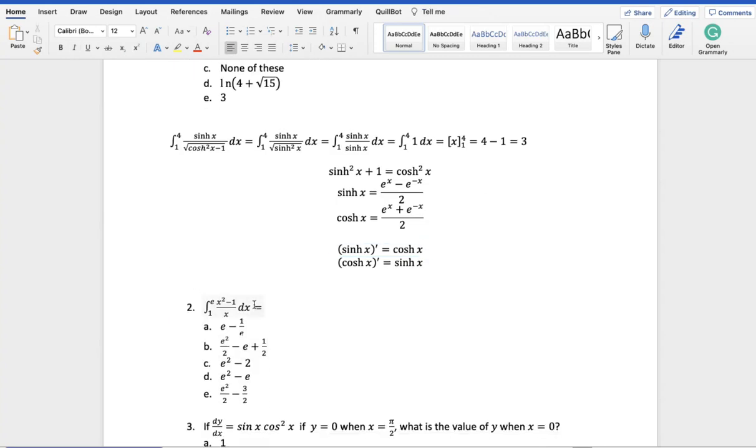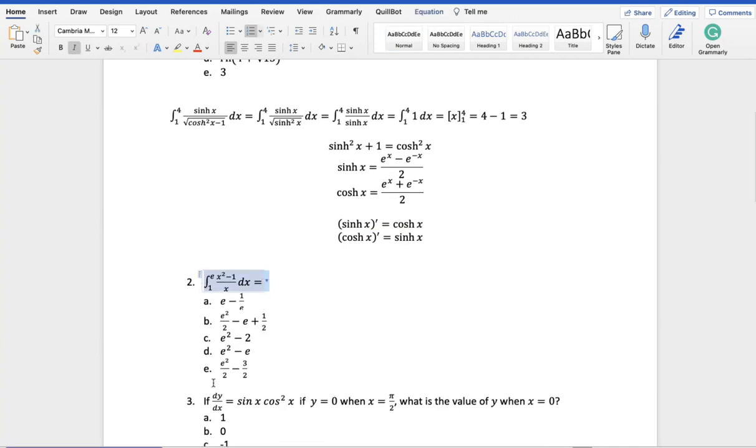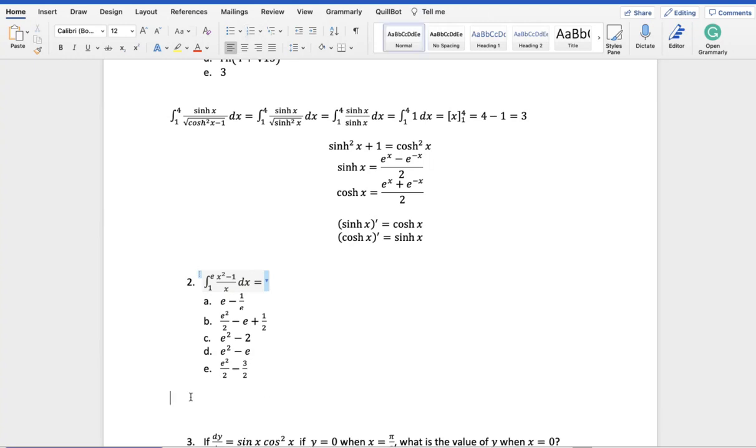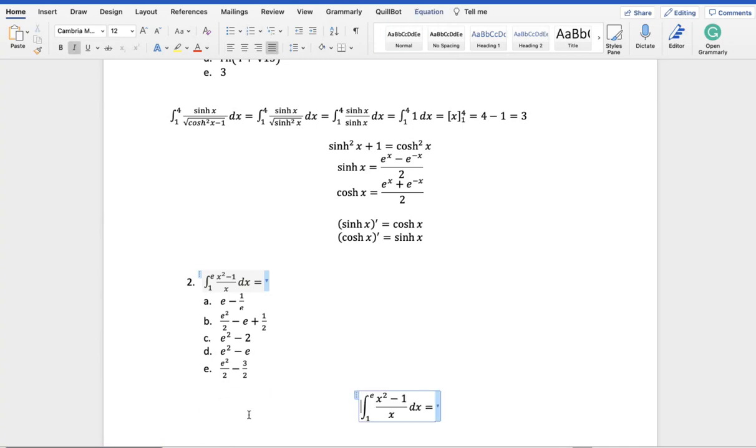Moving on to question 2, we have the integral of x squared minus 1 over x dx evaluated between 1 and e. Immediately, you can try to simplify this expression further.